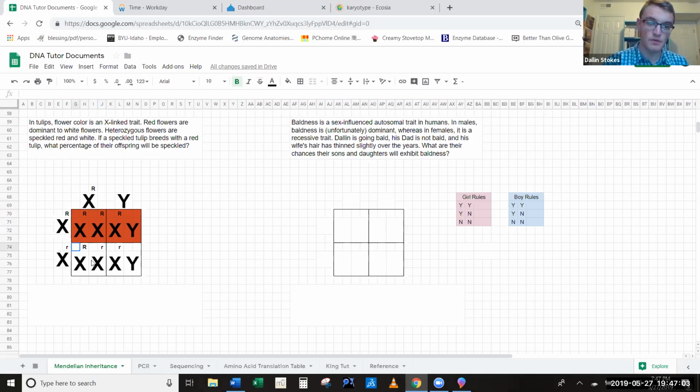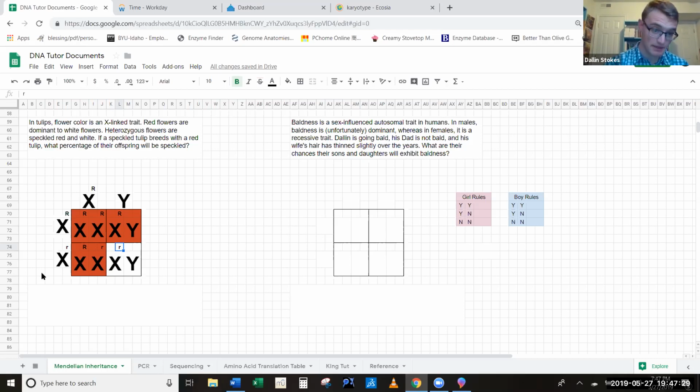We end up with this flower being red. About this flower, X little r, Y. That little r isn't overpowered by a red, so it stays white. How many of my offspring came out speckled? 0%.